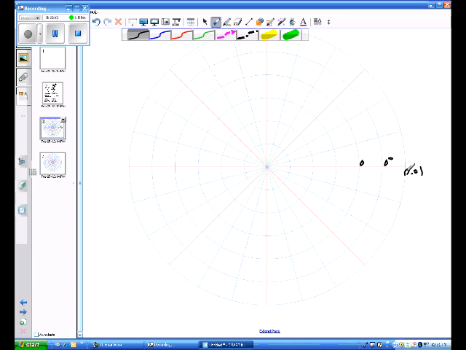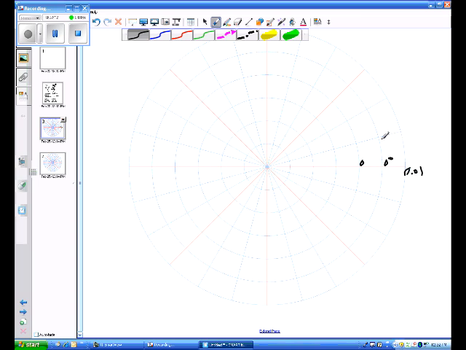And then as we go around, we have our values. So in this case, remember this is going to be the cosine of our angle, and this is the sine of our angle. That's what our point gives us. So the sine of 0 is 0. The cosine of 0 is 1.